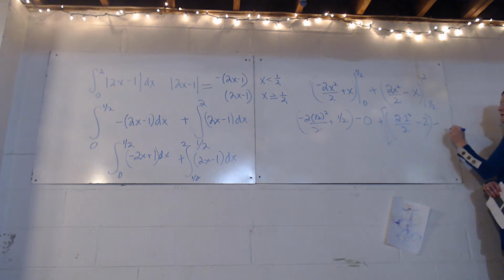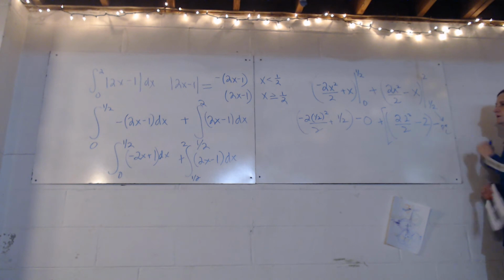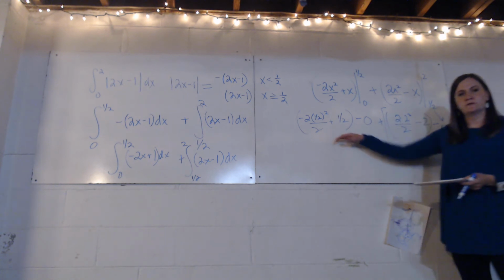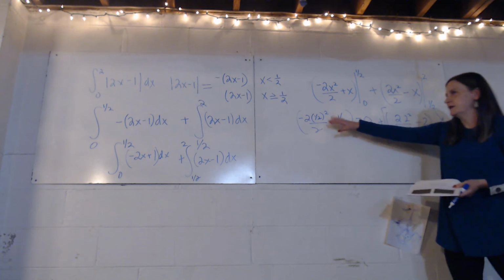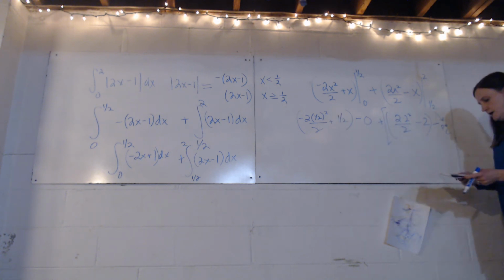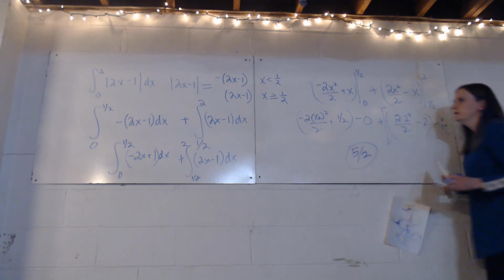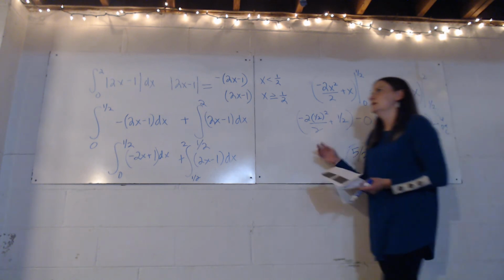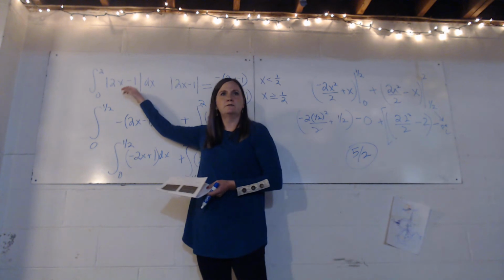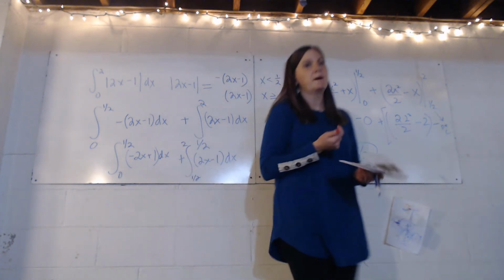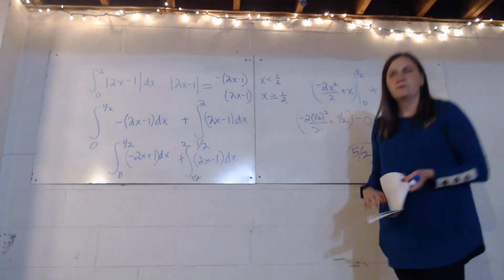And then I put the 1 half in, plug and chug. I hope you could handle that because you're just plug and chugging. I end up getting 5 halves as my answer. And so that is how you would take the definite integral of an absolute value function. Those are the ones where you need to split them up and use that additive property.